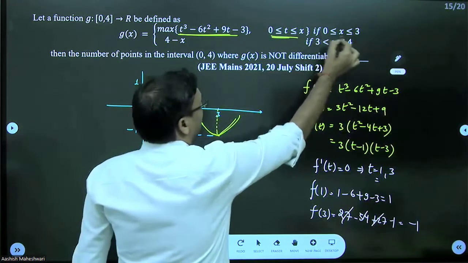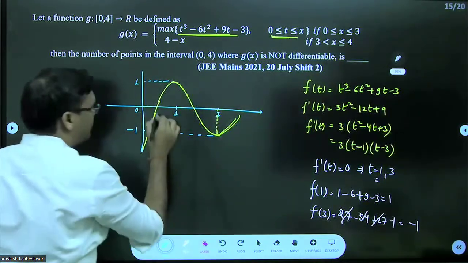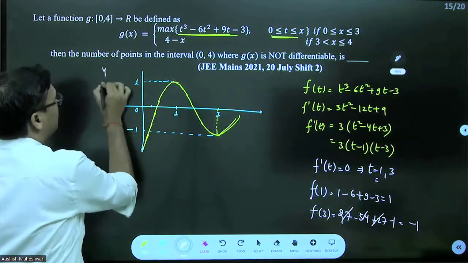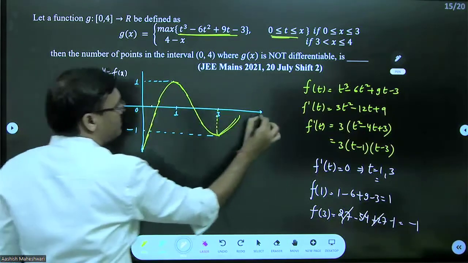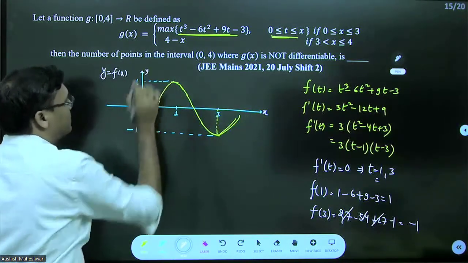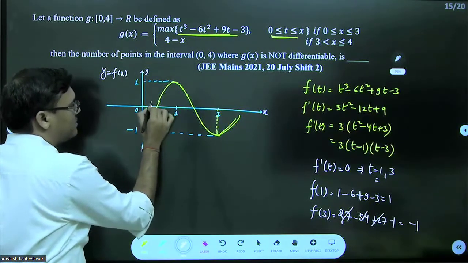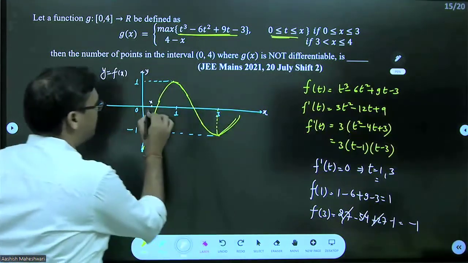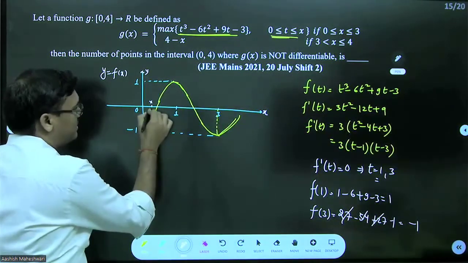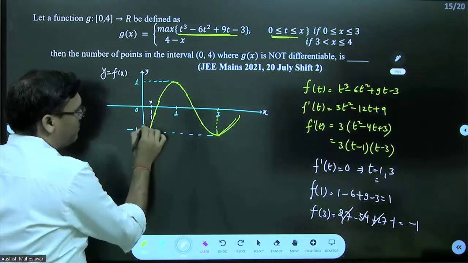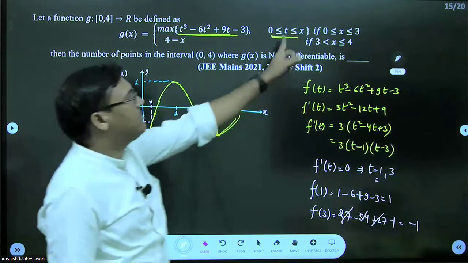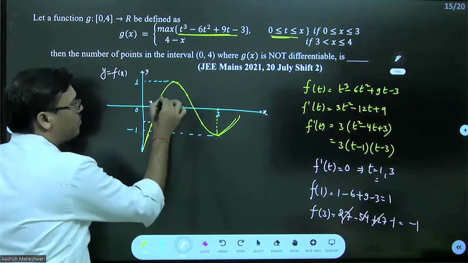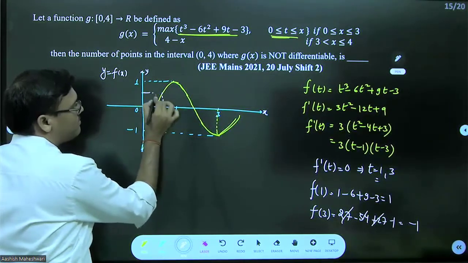If you take a value of x between 0 and 1, you can see the maximum value will be at this point only. If I take this as the value of x, what is the maximum value from 0 to x? This is the maximum value from 0 to x.